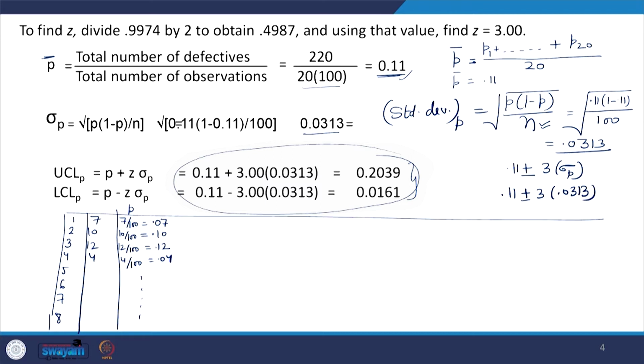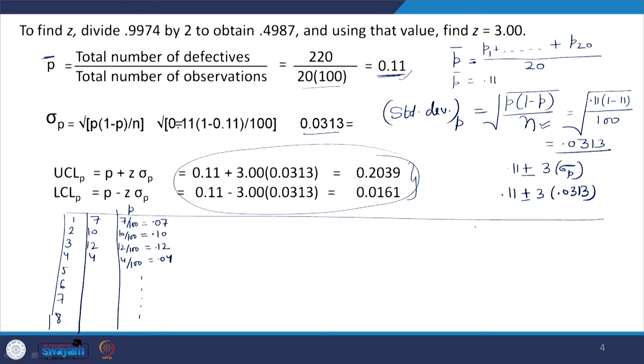So we have calculated the standard deviation of p values, which is 0.0313, and when we add and subtract this from the mean value, we get 0.2039 as the upper control value and 0.0169 as the lower control value.